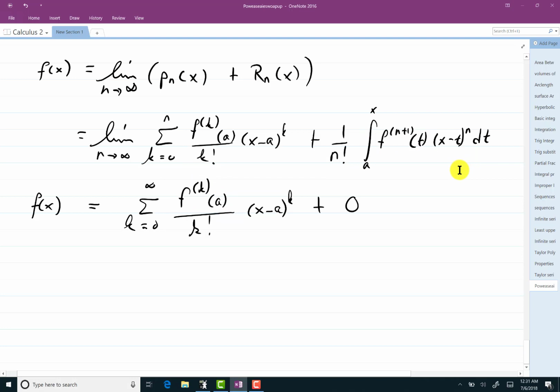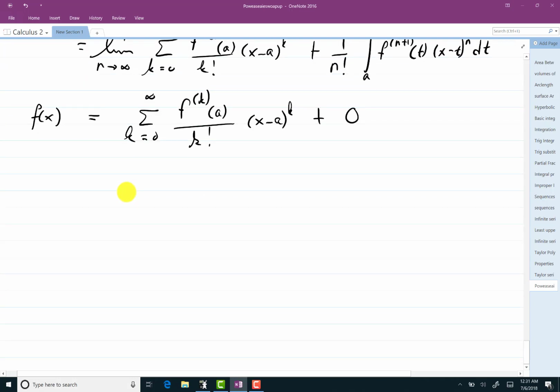Interestingly enough, there's a formula for this thing. It's called the remainder. It has its own formula. And I thought what the book did here was quite slick.